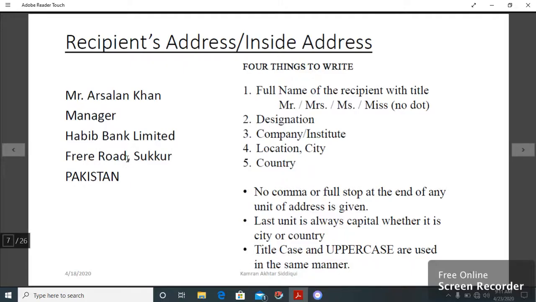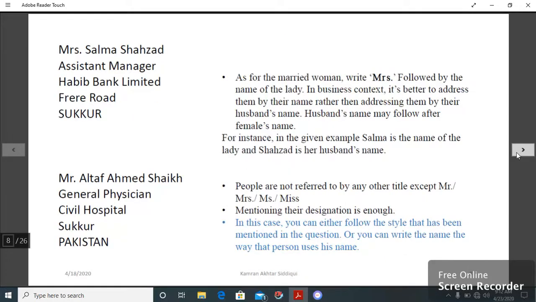Suppose we write this word Pakistan and we are going to end our recipient address over here, the city name, then you are going to remove this comma and you are going to bring the word Sakhar on the very next line, because this last unit has to be on a separate line and has to be in capital letters. Okay, so moving forward with recipient address.